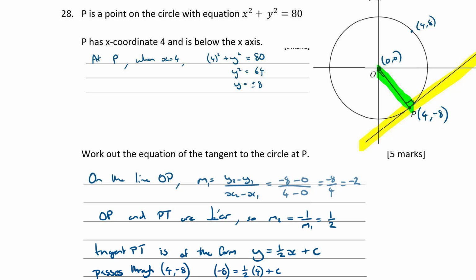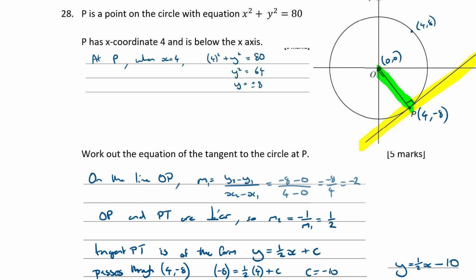Okay, well a half of 4 is 2, and subtracting 2 from both sides will tell me that c is equal to negative 10. Okay, so then the equation of my tangent is going to be y is a half x subtract 10, because I just found c was negative 10.